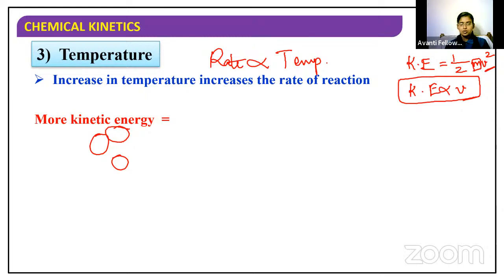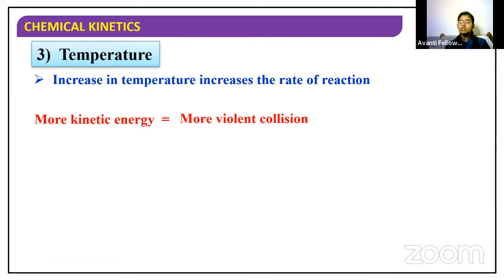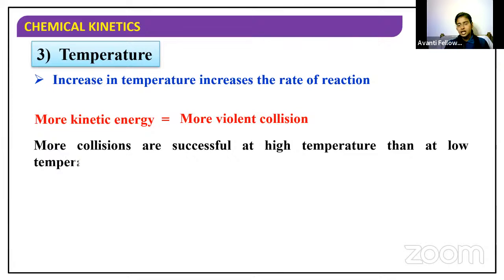More kinetic energy is equal to more violent collision. If kinetic energy is more in a particular container, then we can say that the collision is very violent. So more collisions are happening inside the container, and they are more successful at high temperature than at low temperature.